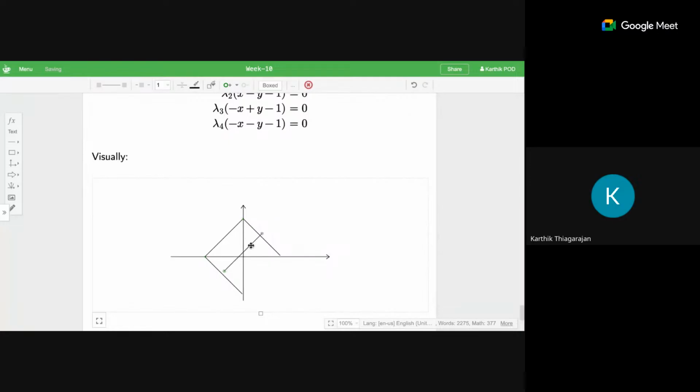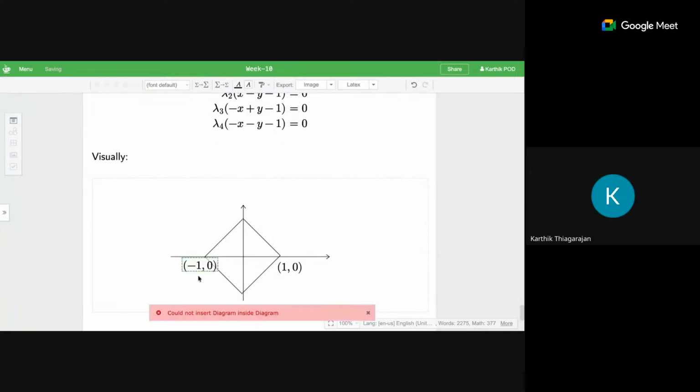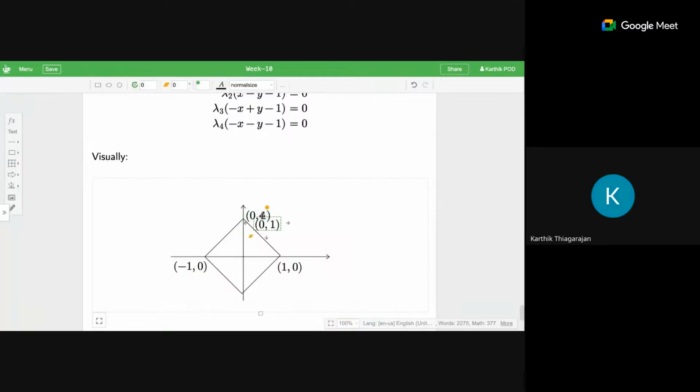So a square with points resting on (1, 0), (-1, 0), (0, 1) and (0, -1). Okay, so this is the shaded region inside the square.